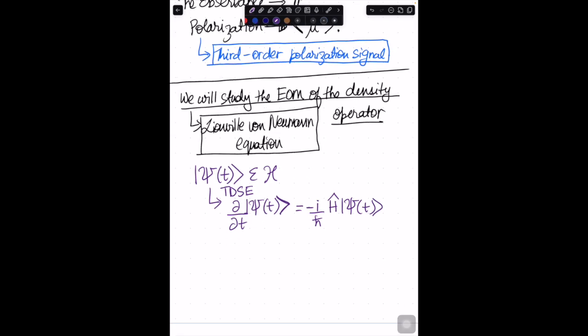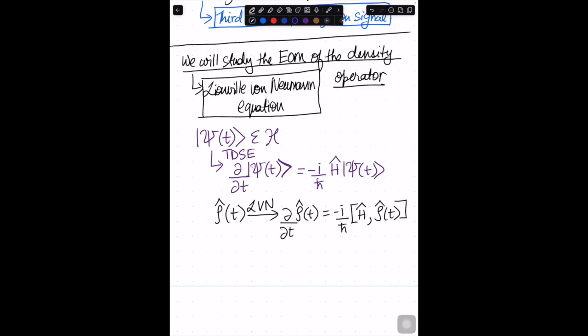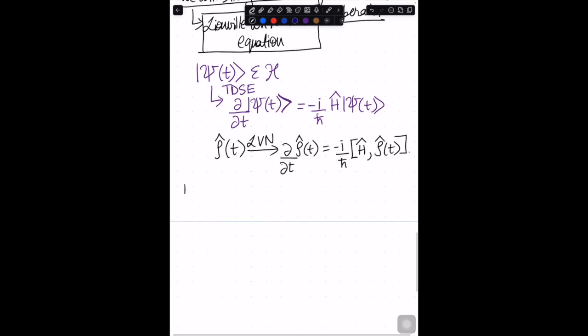So now, analogously, for your density operator, you should have an equation of motion, which is your Liouville-Von Neumann equation. And as you will see, it will take on the form: partial derivative with respect to t of rho hat of t is equal to minus i over h bar, the commutator of the Hamiltonian with the density operator. So our task now would be to derive this equation.